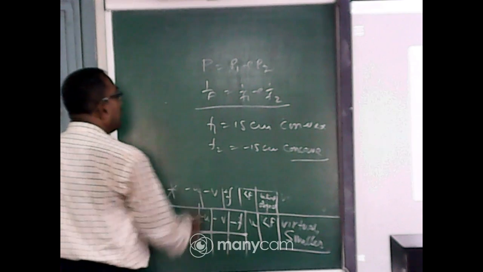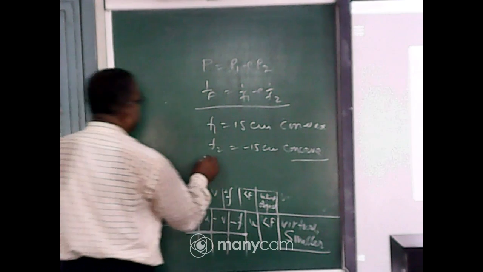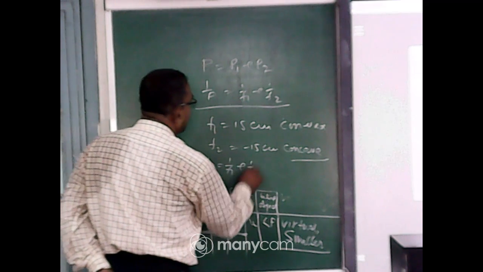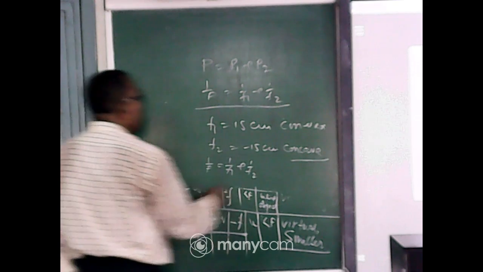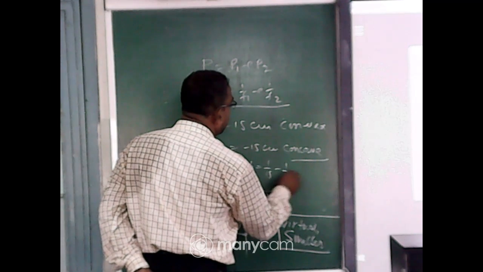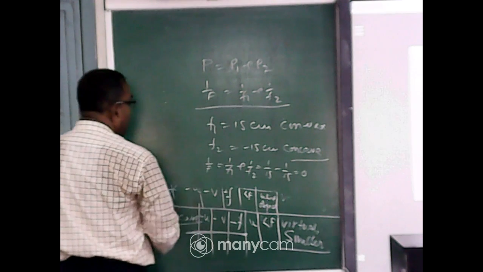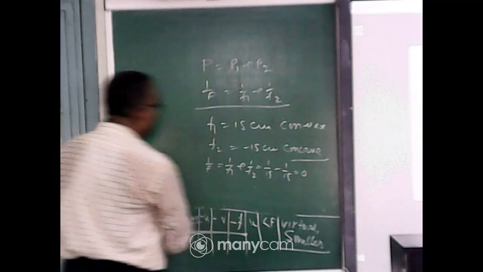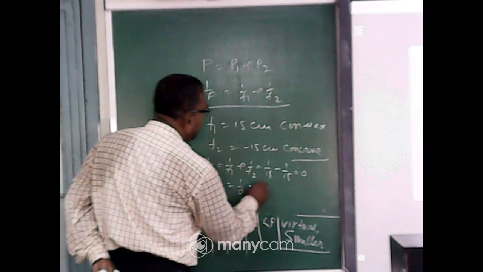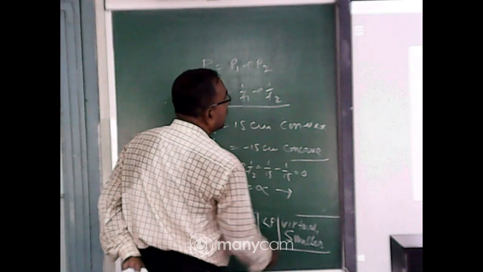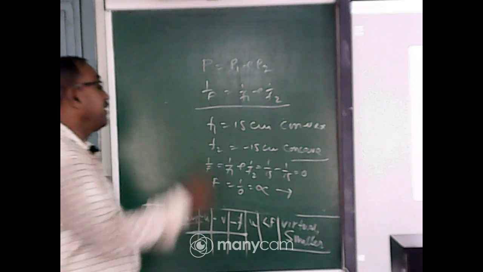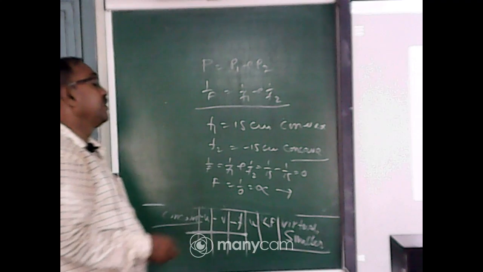Okay. When they are in contact to each other, then 1 by f equals 1 by f1 plus 1 by f2. That time 1 by 15 minus 1 by 15, that will be 0. If 1 by f equals 0, f equals infinity, that means just a glass slab.